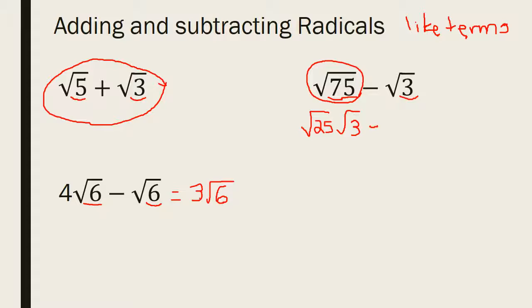And I know that radical 25 is 5. So I'm going to end up with 5 radical 3 minus radical 3. And since I have like radicands, I can combine these two radicals together, and I'm going to end up with 5 radical 3 minus 1 radical 3, which is equal to 4 radical 3.